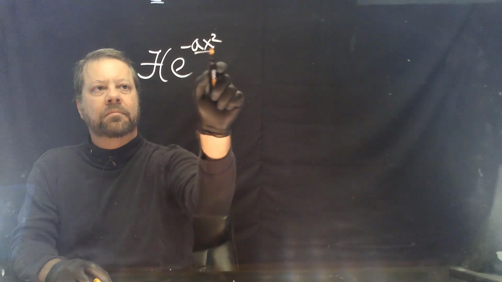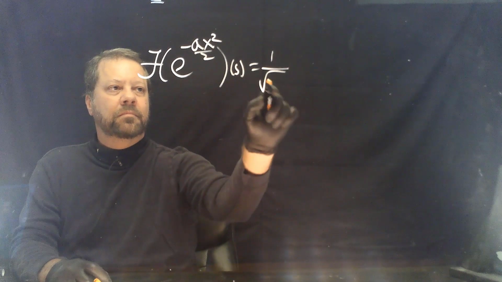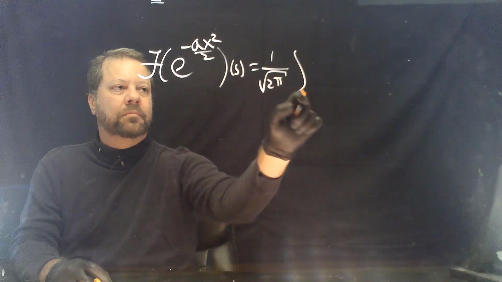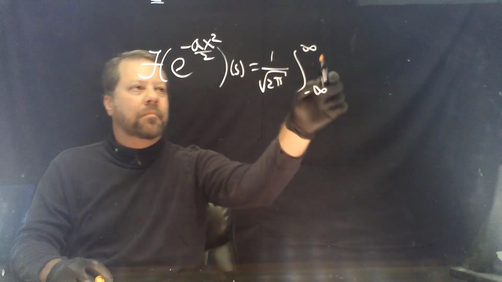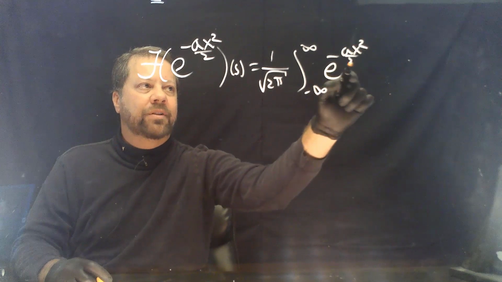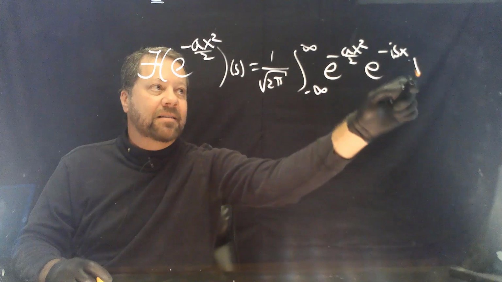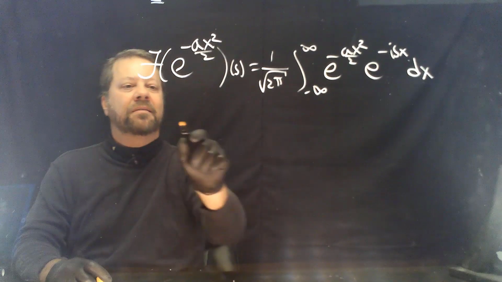Let's look at the Fourier transform of this Gaussian. We have this e to the minus a x squared over 2. We have e to the minus i sx dx.